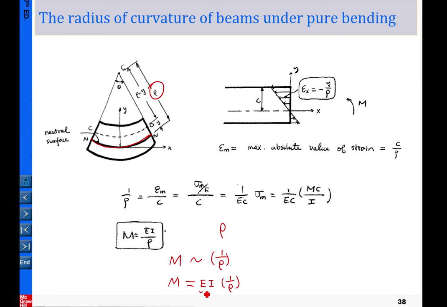Many times we combine this term together, EI over rho. This is similar to what we had in chapter 2, in Hooke's law, where F equals K times delta: spring constant multiplied by deformation or displacement. That is the given loading.